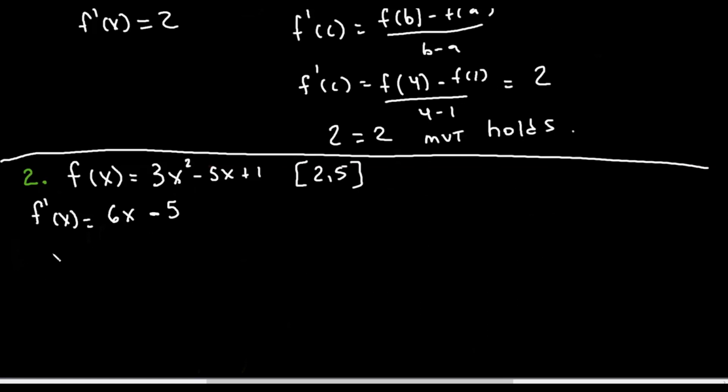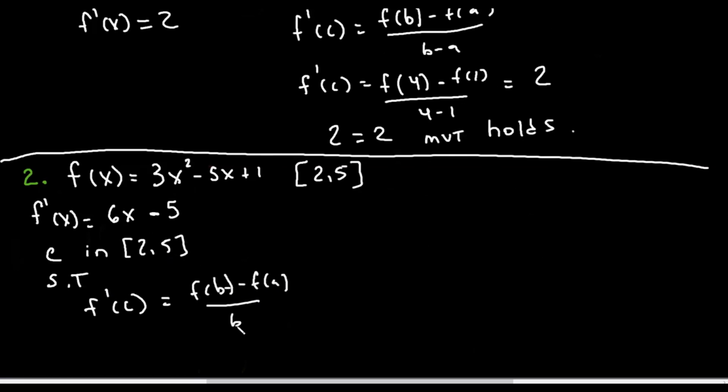So there must be some value c in the interval 2 to 5 such that f prime of c equals f of b minus f of a all over b minus a.